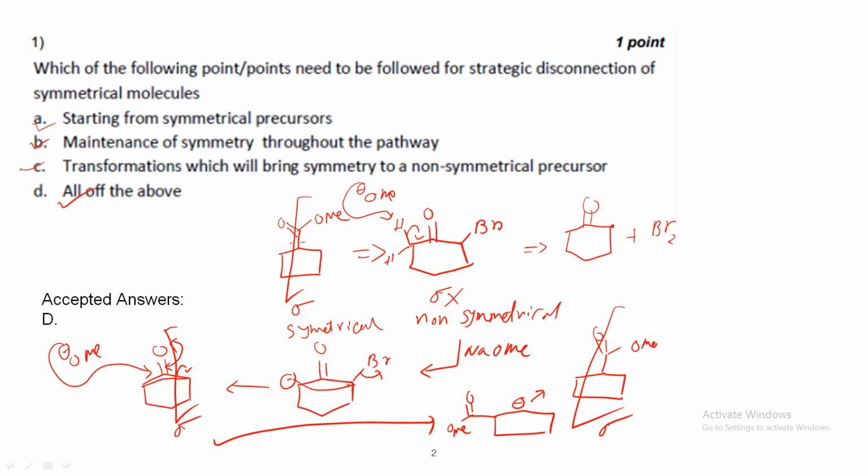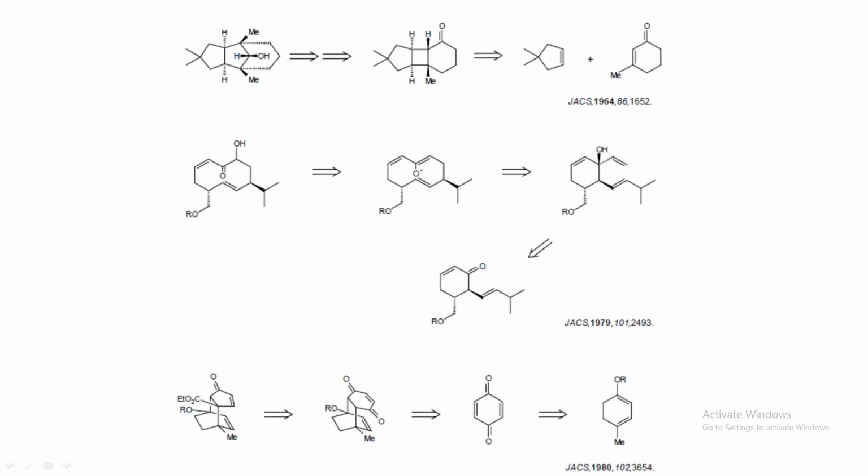So as we were discussing symmetrical molecules and symmetry, let's go through some interesting scaffolds which are very much related to, let's say, the design of small molecule drugs, or any natural products that contain this type of core, where we always follow these few points in our retrosynthetic analysis.